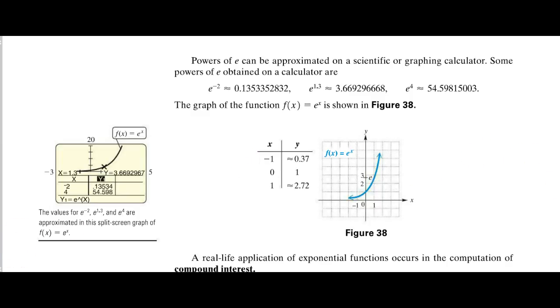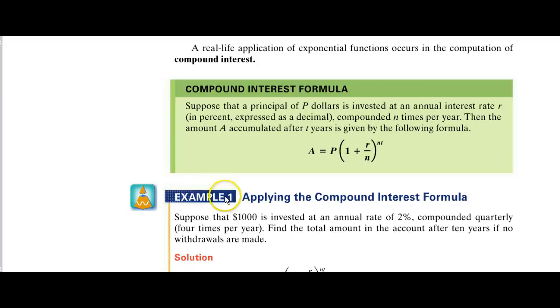Okay. Now, where does this all come in? Well, a real-life application of exponential functions occurs in the computation of compound interest. Suppose that a principal of $P is invested at an annual rate of R, in percent expressed as a decimal, compounded n times per year. If it's once a year, n would be 1.